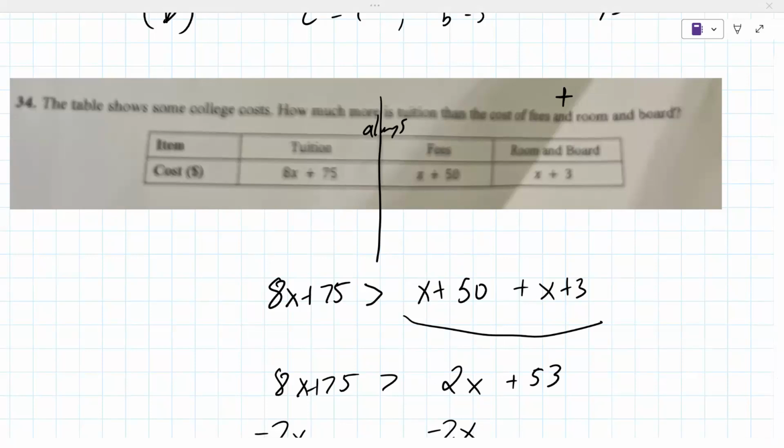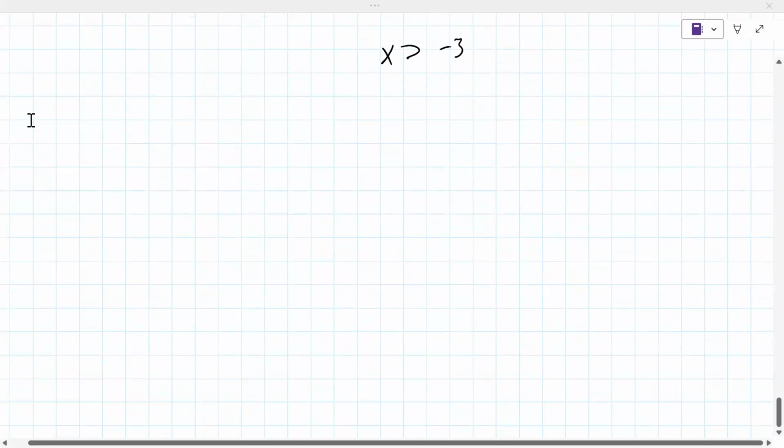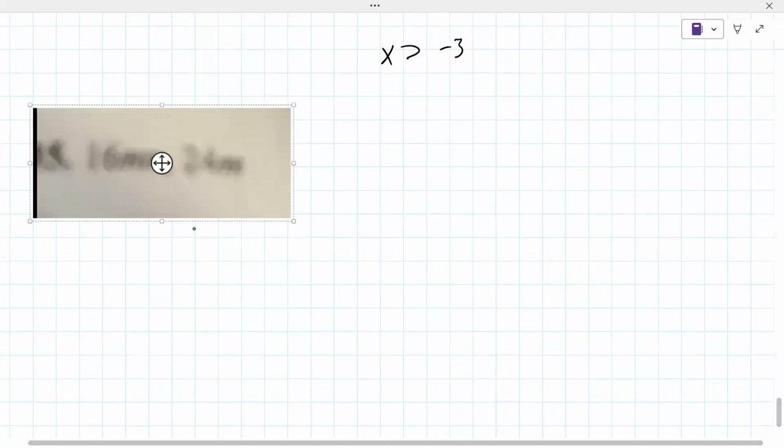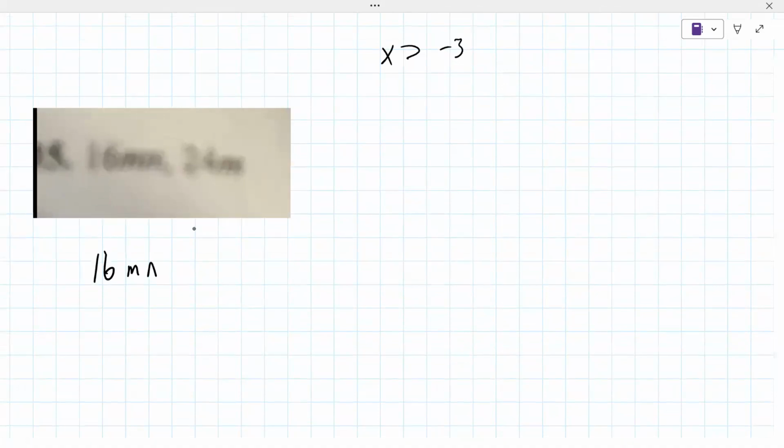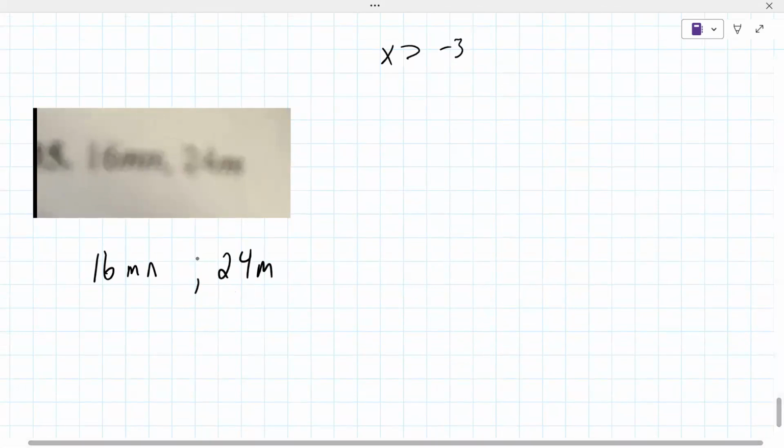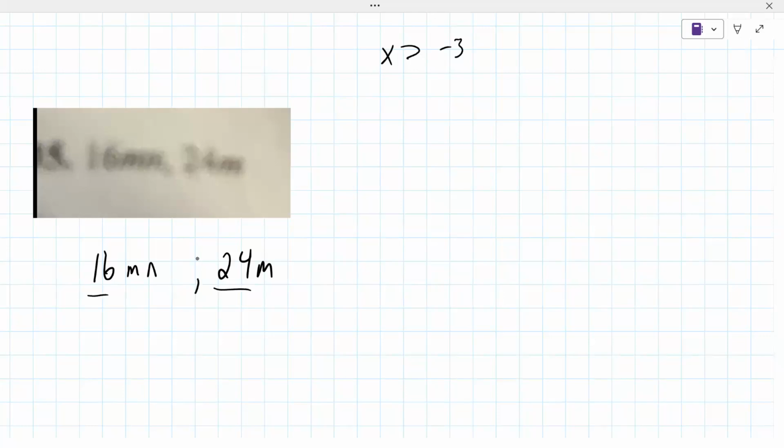All right, 35. We're moving on to greatest common factors. So you're trying to find, and this is 16m and n, 24m. You're trying to find the biggest number that goes into both 16 and 24. What could that be? The biggest number.